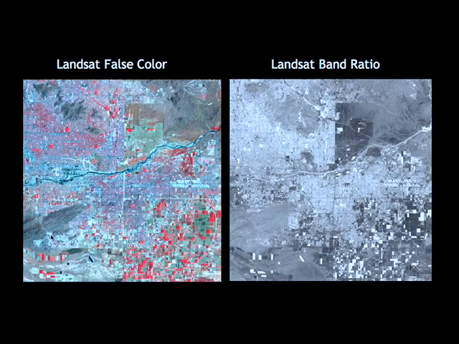So green is displayed in the red gun of this projection, red in green, and near infrared in red. As a result, vegetation, which is very bright, very reflective in near infrared light, because it interacts really well with the electrons, which are easily excited, shows up bright red, okay?